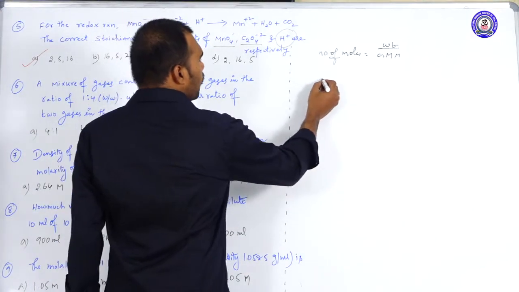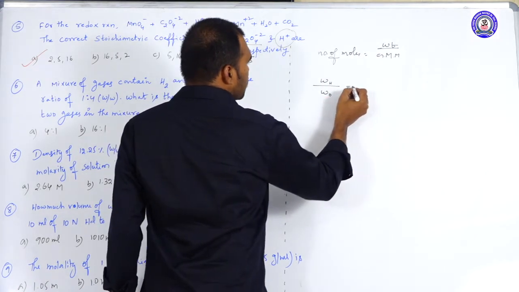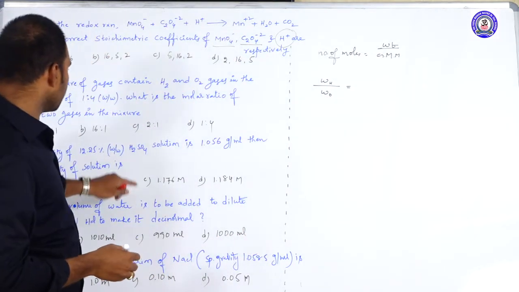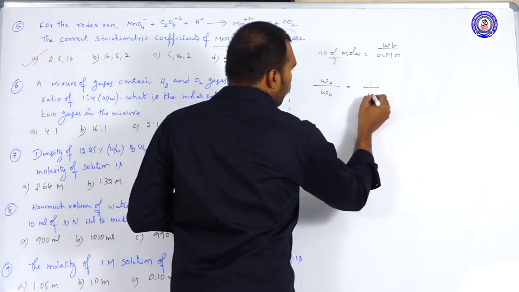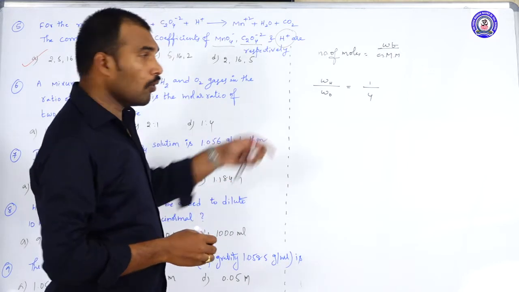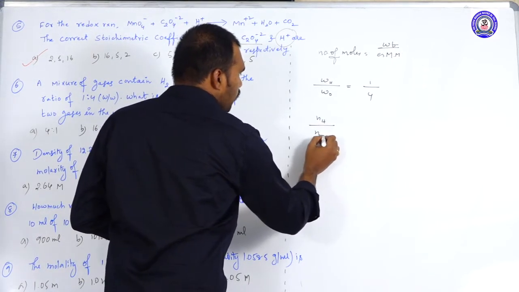So I am writing weight ratio, weight of hydrogen to the weight of oxygen. What is the weight ratio they given? That is 1:4, 1/4.